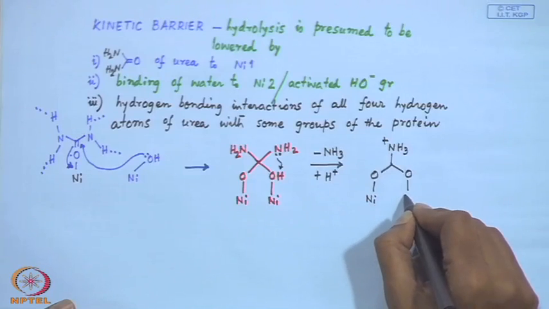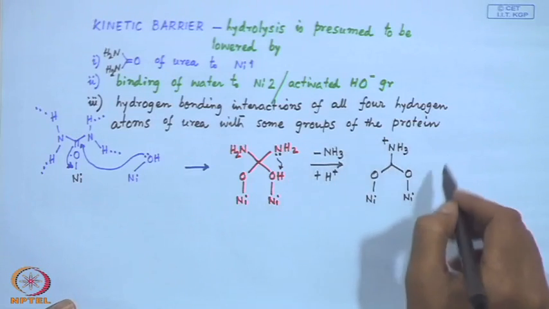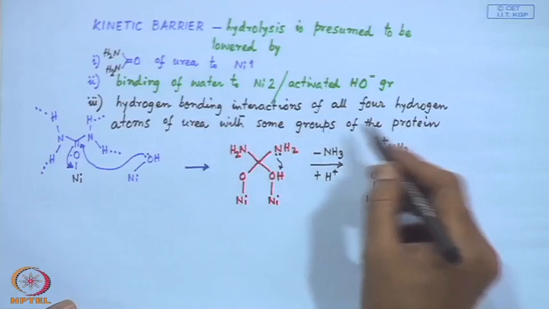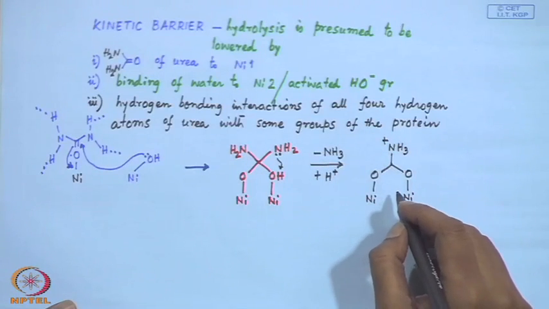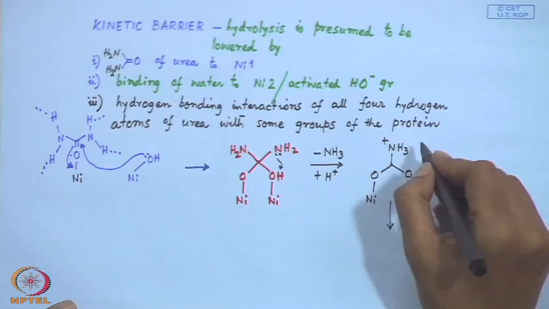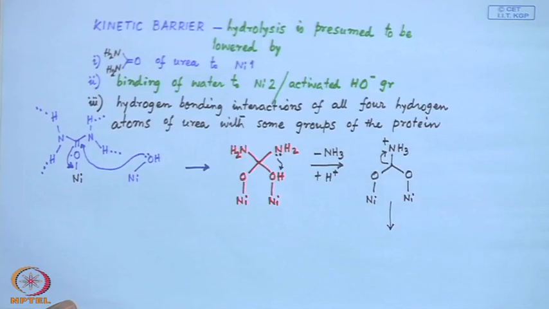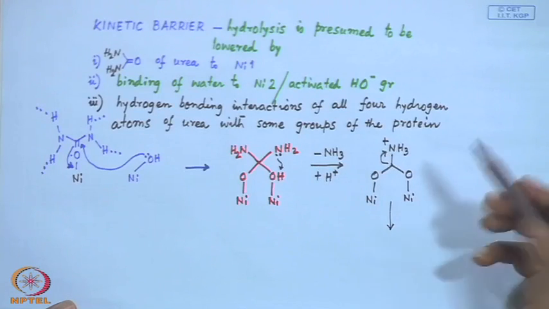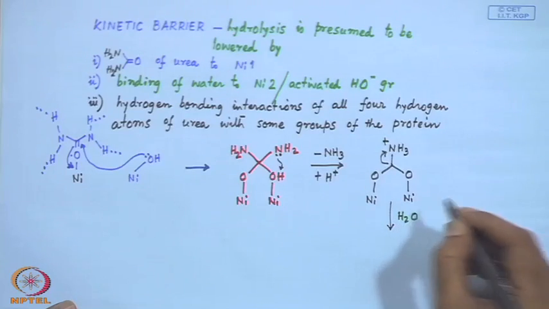At the other end you also see the same type of arrangement, with bridging groups. That means what we are looking for is the product formation for hydrolysis of the urea. So, this ultimately is responsible for the removal of the second molecule of ammonia when your H2O is attacking.